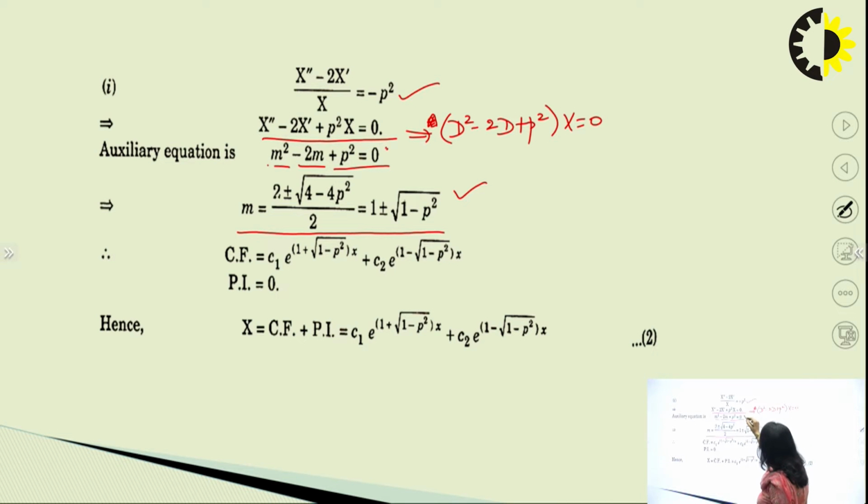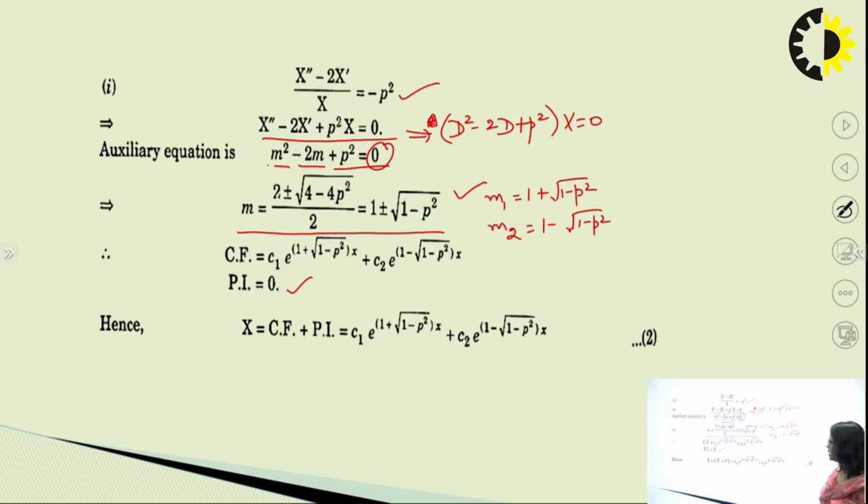Since right hand side is 0 in here, CF will be found and PI will be 0. So CF turns out to be, since these two values, m1 equal to 1 plus under root 1 minus p square and m2 equal to 1 minus under root 1 minus p square, are distinct, hence complementary function will be given by C1 e to the power 1 plus under root 1 minus p square into x plus C2 into e to the power 1 minus under root 1 minus p square into x.